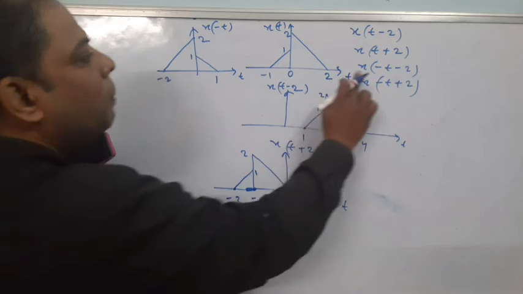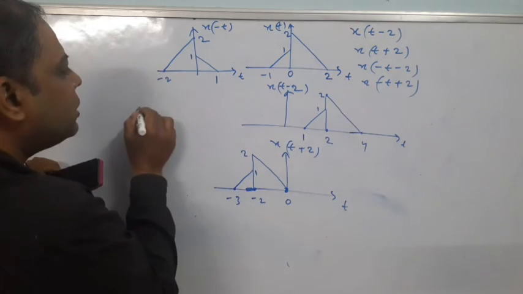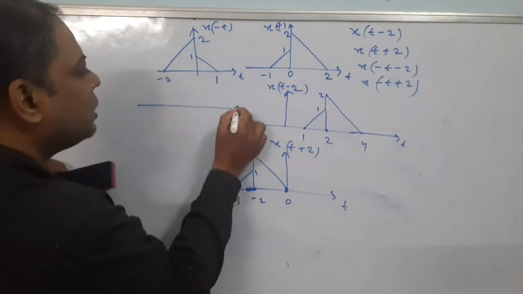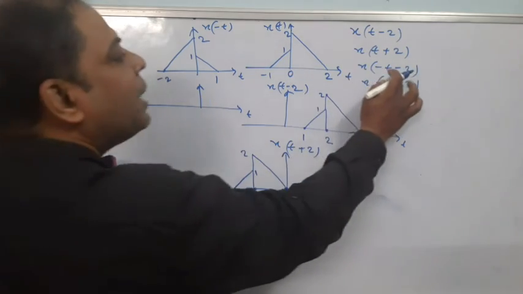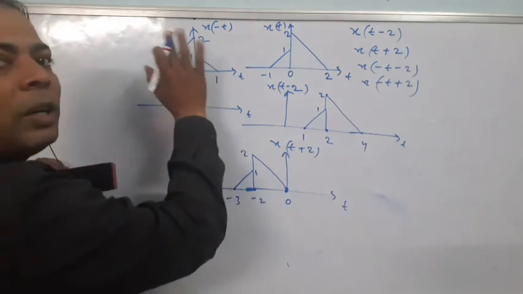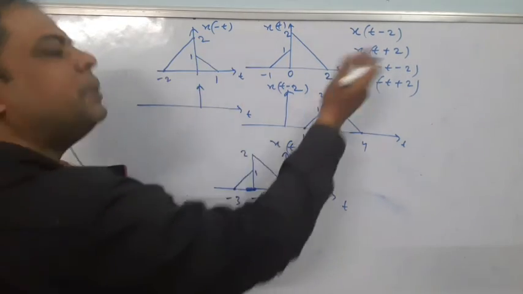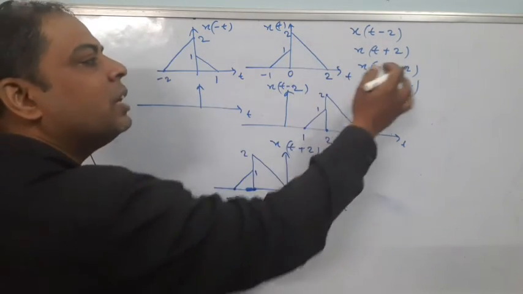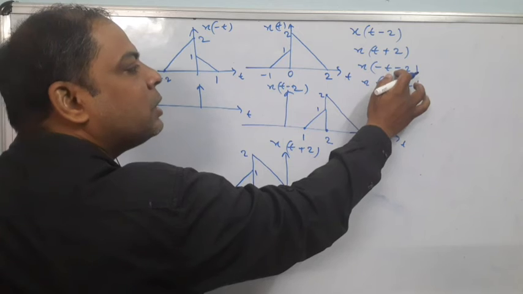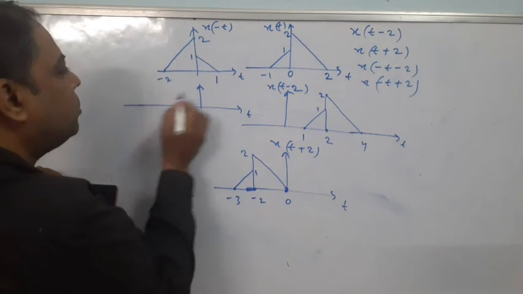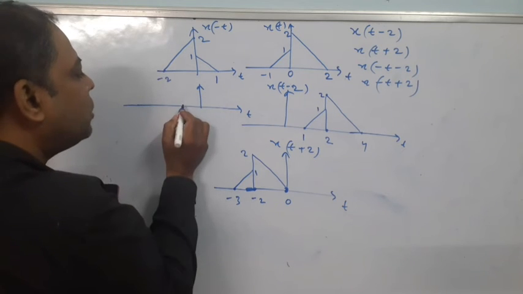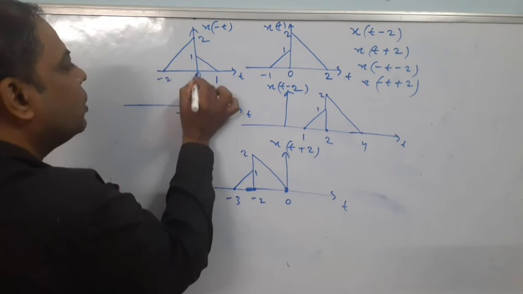So now what will we do? Minus t minus 2. Minus t minus 2 means just mark. This is the time axis. Now the shifting of -2 does not mean right here, because you have folded the signal. For a folded signal, the minus means just reverse, you just think. This minus sign is nothing but actually left shifting. This signal you just shift towards left. So 1 minus 2 is minus 1. 0 minus 2 is minus 2.